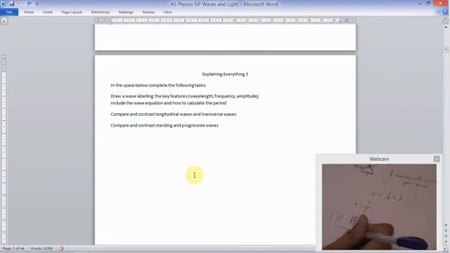If you pick two equal parts of compression, that's a wavelength, so from there to there would also be a wavelength. Rarefaction is there, there, and there, and compression is there and there.